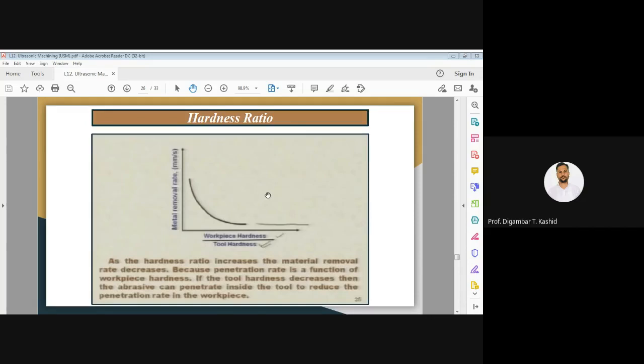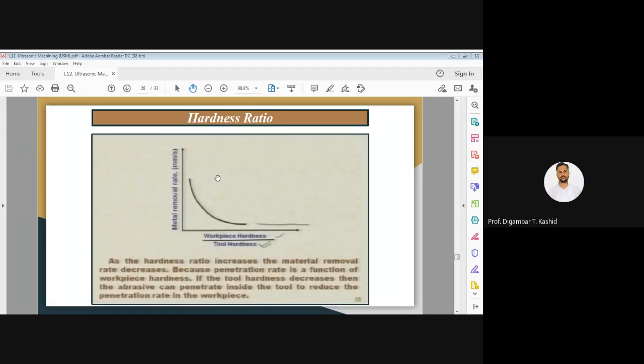It becomes more or less stable beyond a certain value of this ratio also. And if the hardness of the workpiece is very high, then the material removal rate may decrease substantially, and sometimes may tend towards zero. If the hardness ratio increases, material removal rate decreases, because whatever the penetration rate is, that penetration rate is a function of your workpiece hardness.